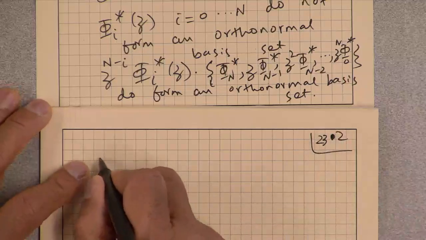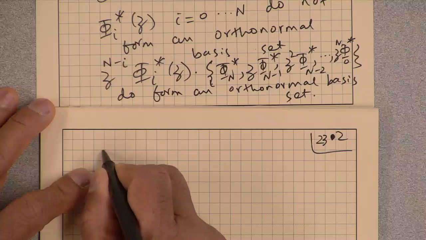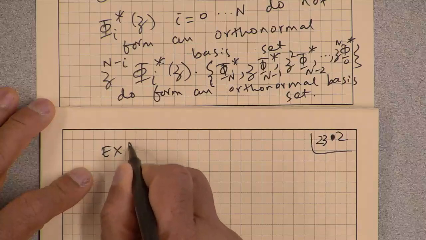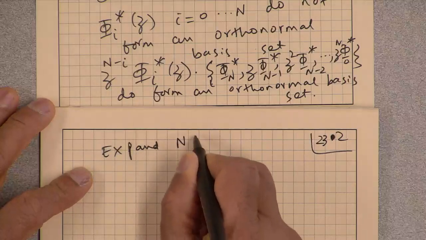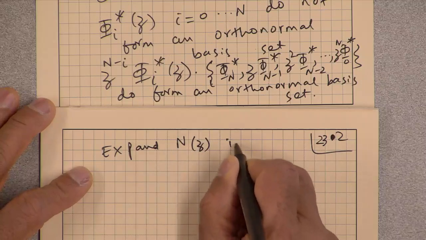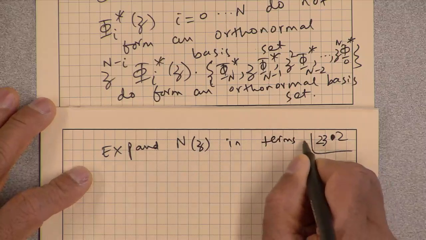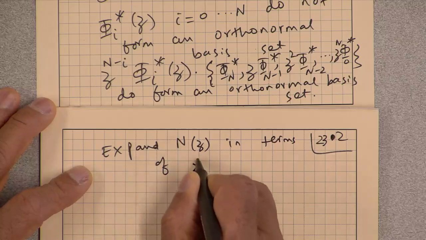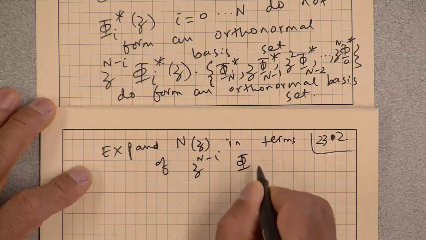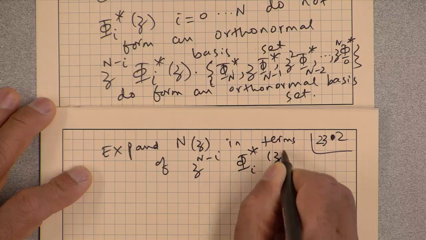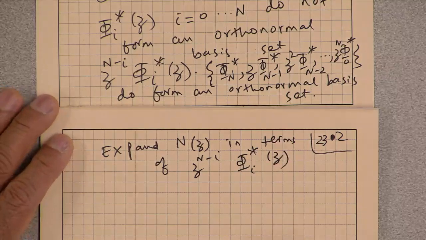So expand n of z in terms of z to power n minus i phi i star z. So that's the expansion of the numerator.